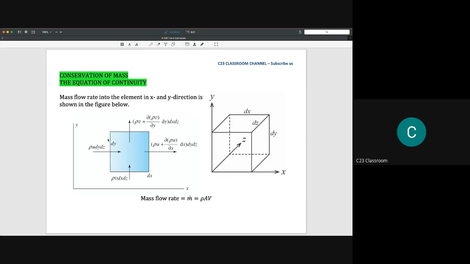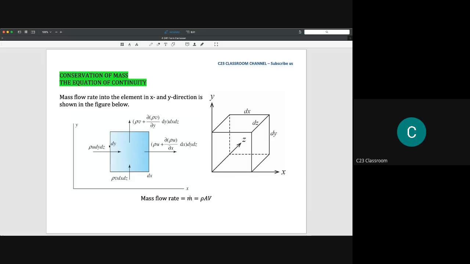We have a square with one input and one output on the x-axis, and another input and one output on the y-axis. For the inlet, we write rho u dy dz.